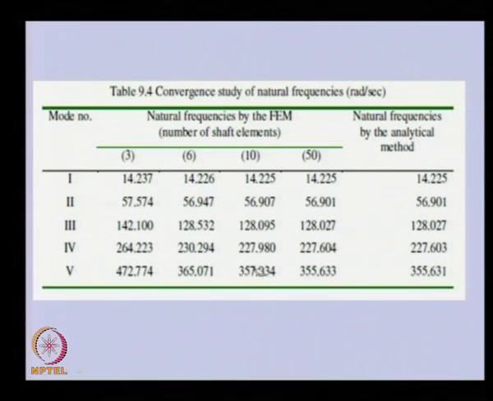So, that means 10 elements are still giving a better natural frequency calculation for the 5th mode, and even for the 4th there is a slight difference. And generally we will find that if we take more elements, the natural frequencies we get will be more accurate.